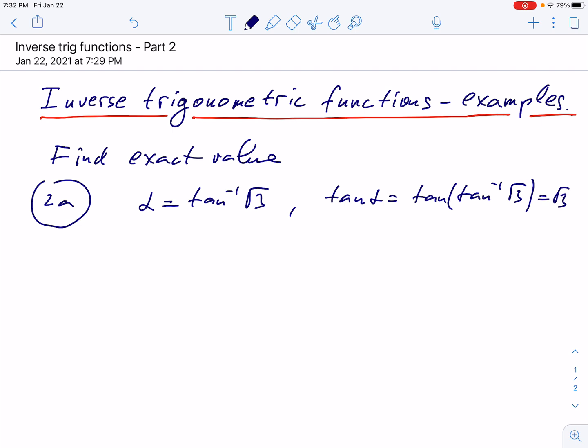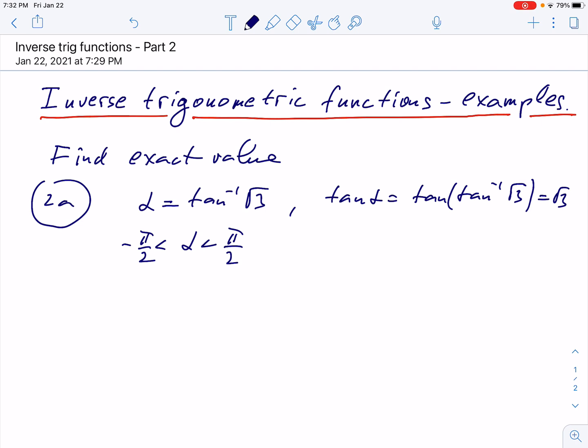Tangent inverse tangent of something is something, this something. Okay, now we remember that alpha is between negative pi over 2 and pi over 2. This is the domain of the tangent when we define inverse tangent. This is the range of the inverse tangent.